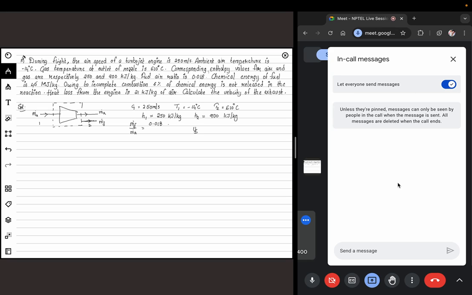So initially, chemical energy of the UF1 is 45 per kg, and UF2 is 6% is left, so you have 94% remaining. So basically 6% is not released, so finally it is 0.06 times 45 megajoule per kilogram. And this kilogram is of the fuel.